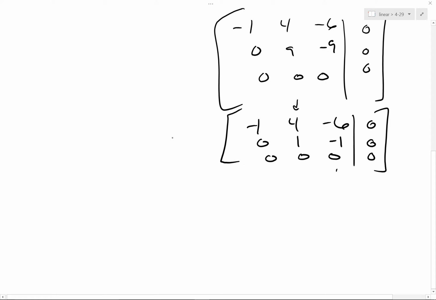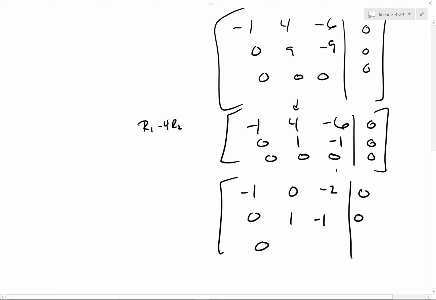Okay, so to do that, I'm going to do R1 minus 4R2. Cool. What you can see is we've got a pivot here and a pivot here, right? That's where we're in reduced row echelon format. No pivot in this column.